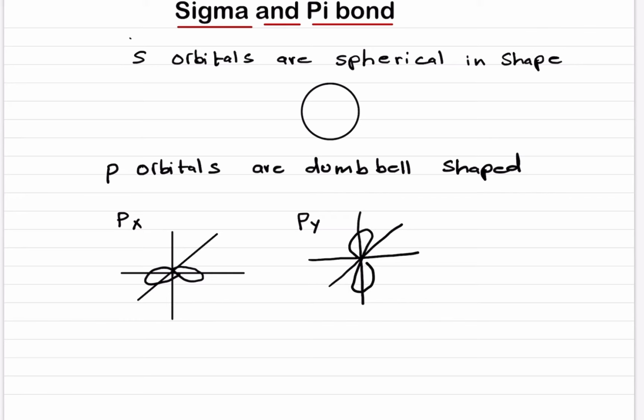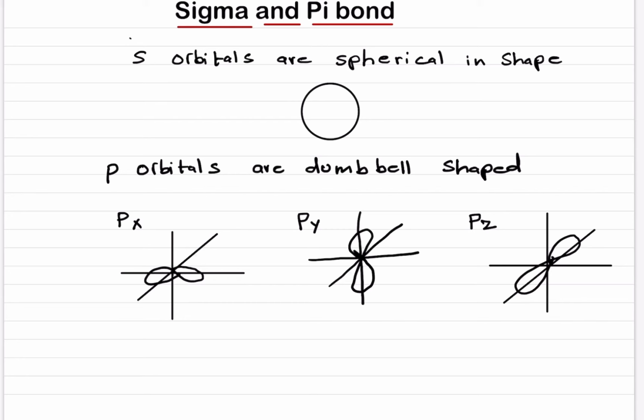Double shape is like this. And then we have the pz. Let's draw the line straight like that, and then one line like this, and then another line like this, and then we can draw the dumbbell shape like this. So p orbitals are dumbbell shaped, and they look like this.